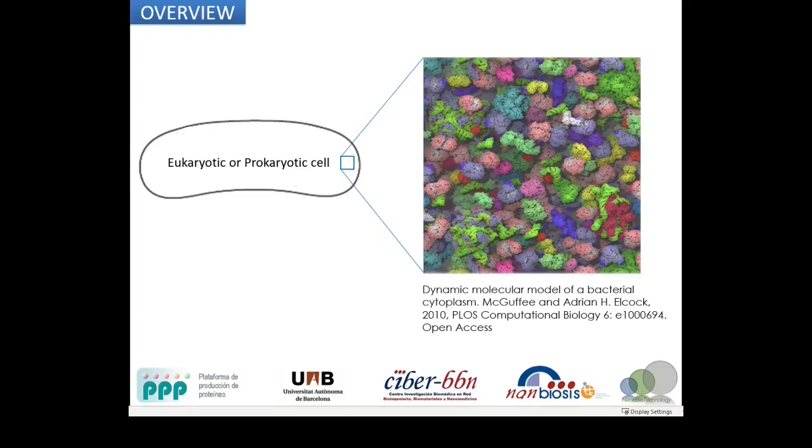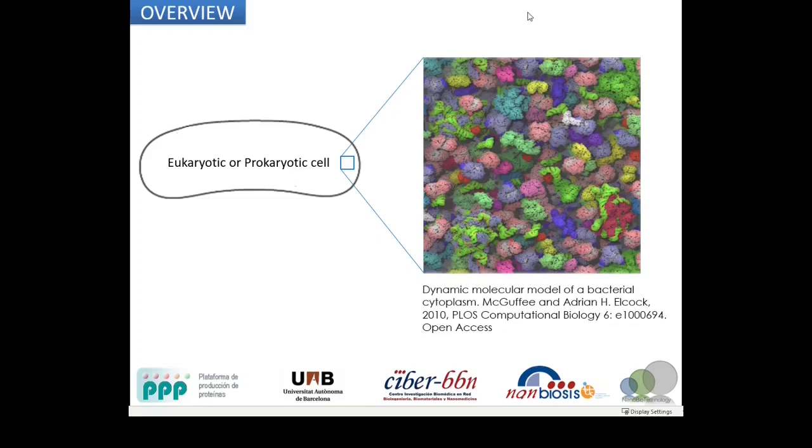Inside the cytoplasm of the expressing cell, before inducing the expression of the heterologous gene, a crowded cytoplasm has been seen, in which the recombinant protein is going to be accumulated at the same time.